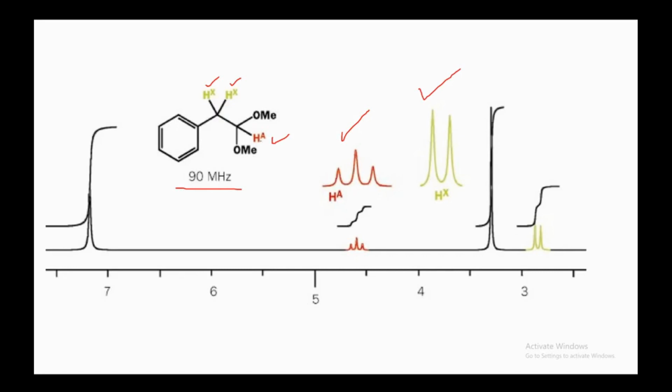There are 3 lines because HA couples with these 2 hydrogens to give you the triplet, and we write triplet as T. HX couples with HA, that's what we call D. And this is also HX, the doublet, and this is the expansion of this signal, and this is the expansion of this signal.